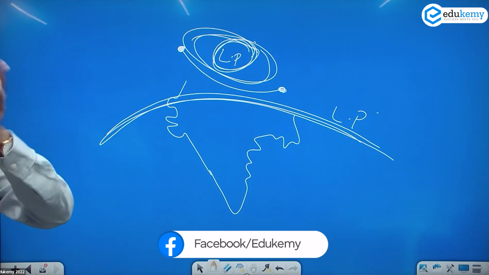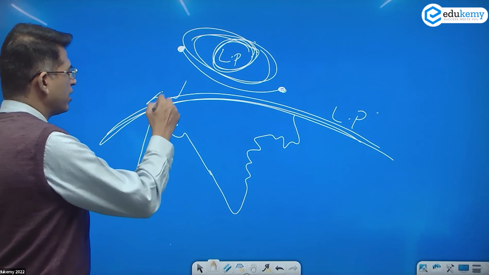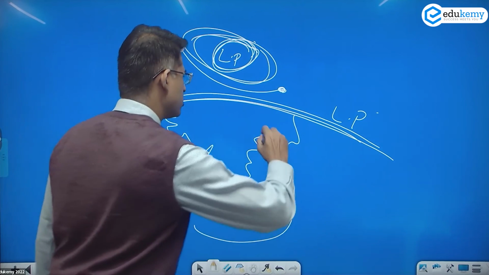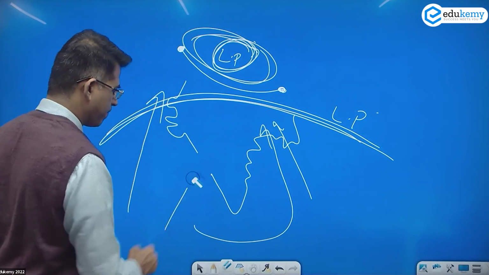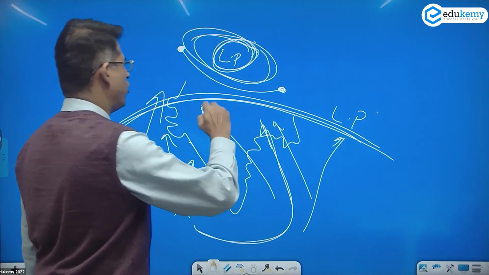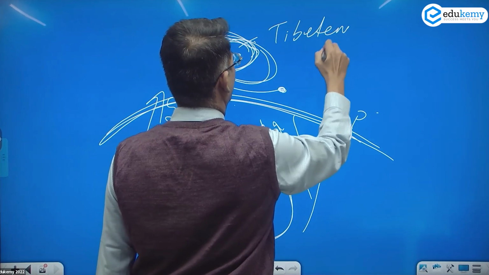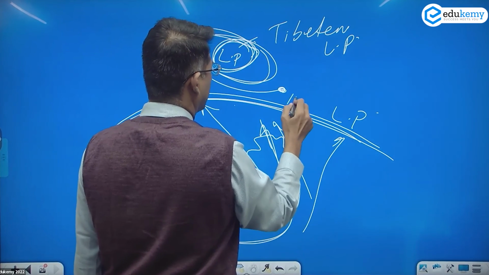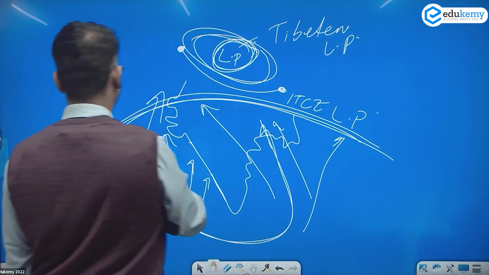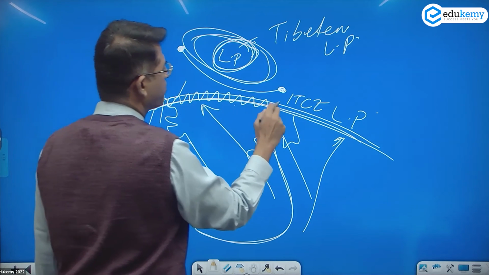These two together are responsible for dragging the winds towards India. This is the Tibetan low pressure. This is the ITCZ low pressure. These two together play a very important role.